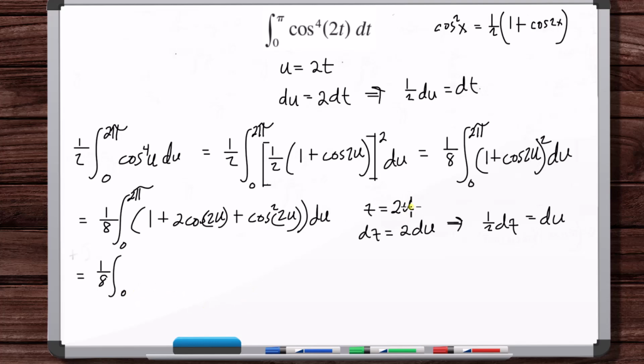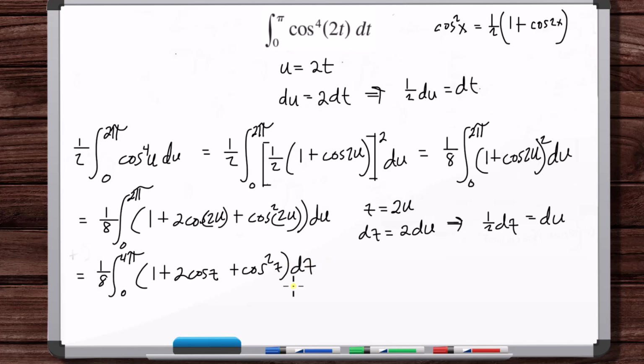When u is equal to 2 pi, z is equal to 4 pi. I don't mind making another substitution because we're not going to have to substitute back, so it's not going to be that complicated because it's a definite integral. Okay, so 1 plus 2 cosine z plus cosine squared of z dz.